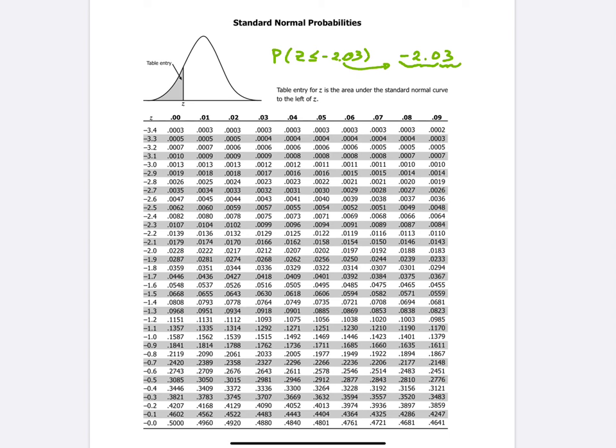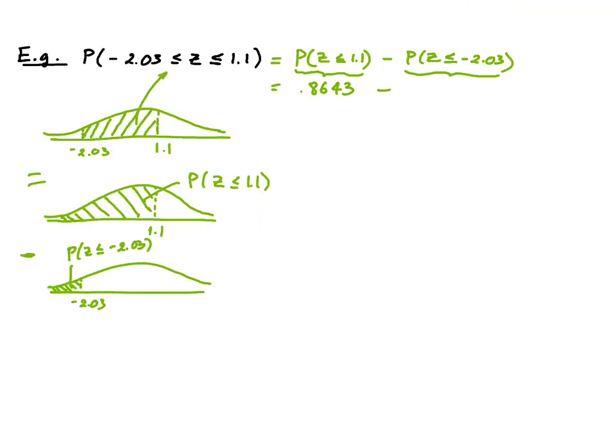So let's go to row negative 2.0. Look under column 0.03. Right? You should find that the probability that z is less than or equal to negative 2.03 is 0.0212. So the second term here is 0.0212.